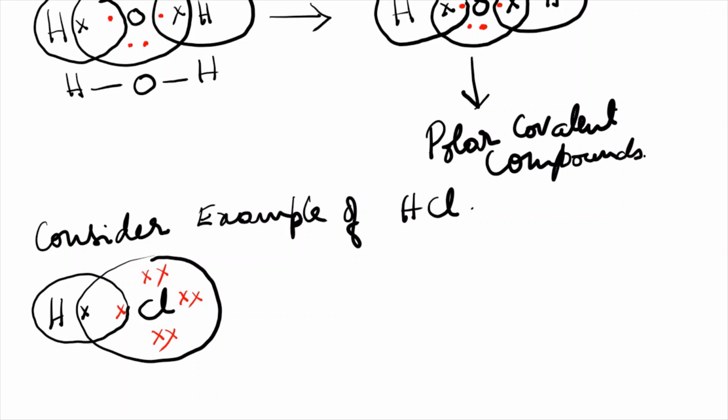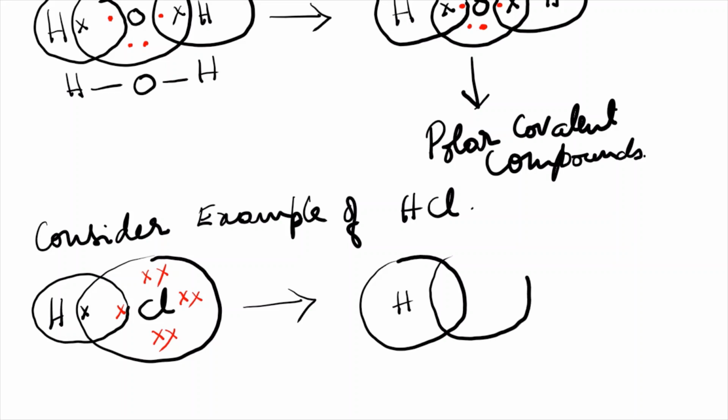Now again, the chlorine atom has more electron affinity than the hydrogen atom. So the chlorine atom pulls the shared pair of electrons towards itself and develops partial charges like this. This is the hydrogen atom and this is the chlorine atom.